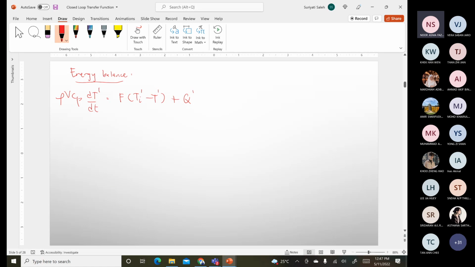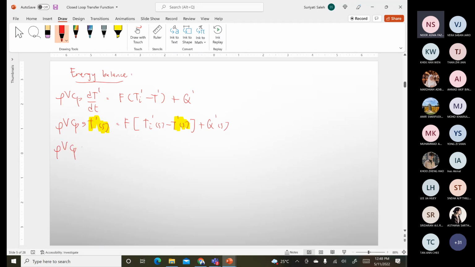So based on the previous procedure, you need to do the Laplace transform. So you will have rho V Cp s T prime(s) equal to F Ti prime(s) minus F T prime(s) plus Q prime(s). So we have the T prime on the left hand side and the T prime on the right hand side. So you can put it together on the left hand side.